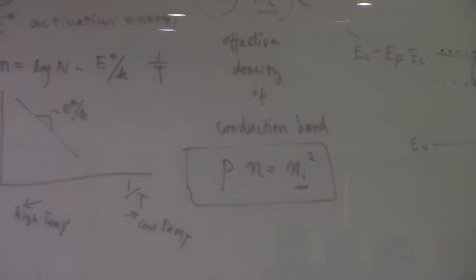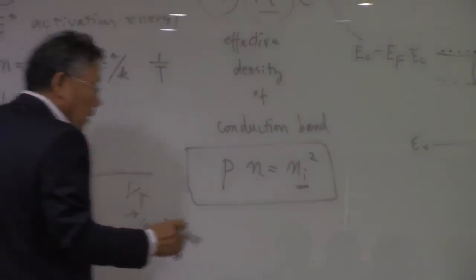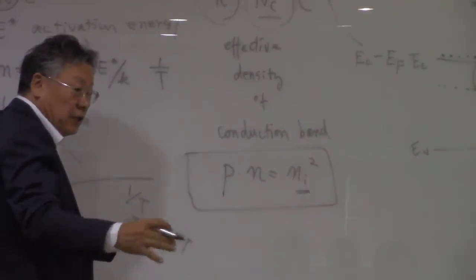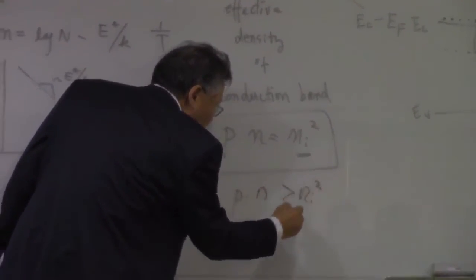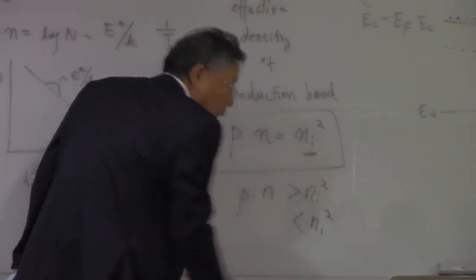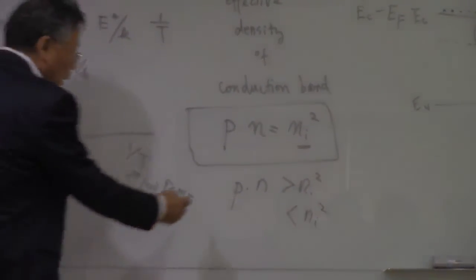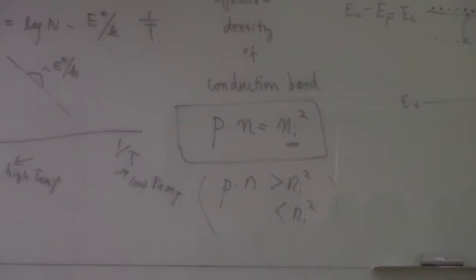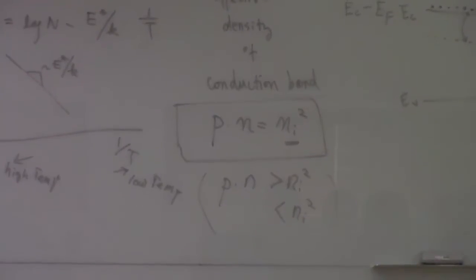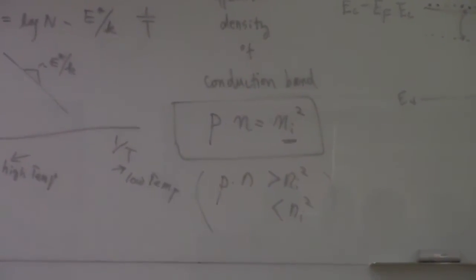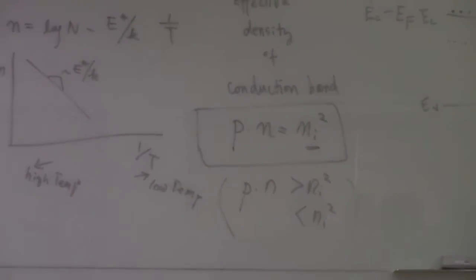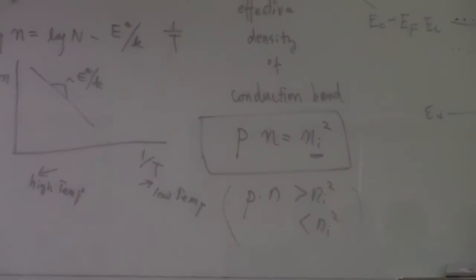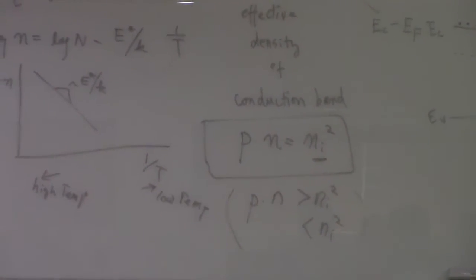If it is not in equilibrium, even under steady state, the p-n product is going to be greater than n_i squared or less than n_i squared, depending on the situation. That is the non-equilibrium situation. But as long as the semiconductor is in the equilibrium state, the electron and hole product should be equal to the intrinsic carrier concentration squared. That is the definition of equilibrium in semiconductors.